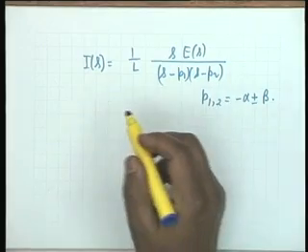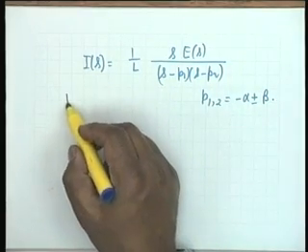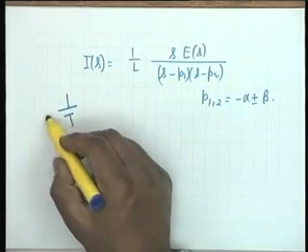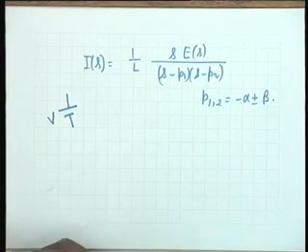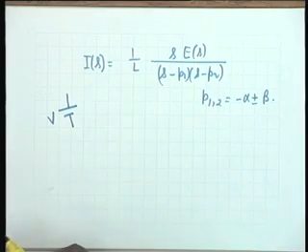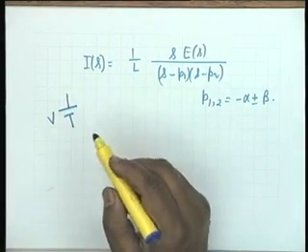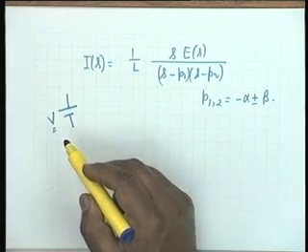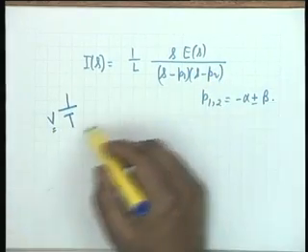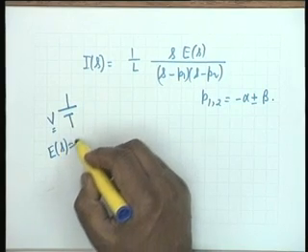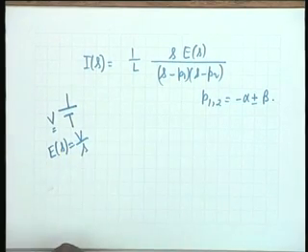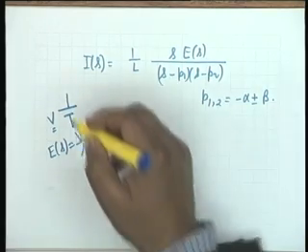Let us say the excitation E of S simply arises due to a battery V, capital V. Then what is E of S? V by S, isn't it? E of t is capital V multiplied by u of t, and therefore E of S is equal to V by S. No, this is a battery.